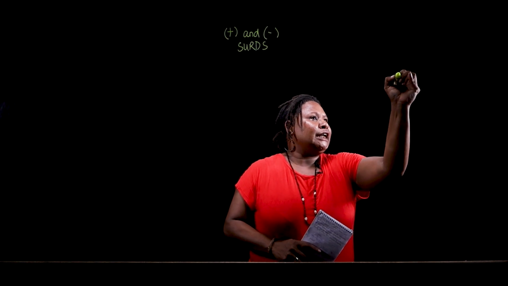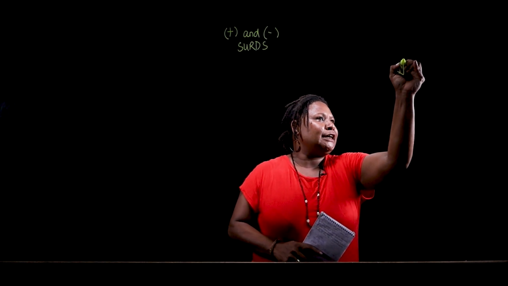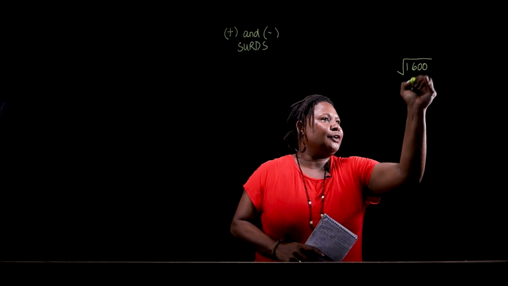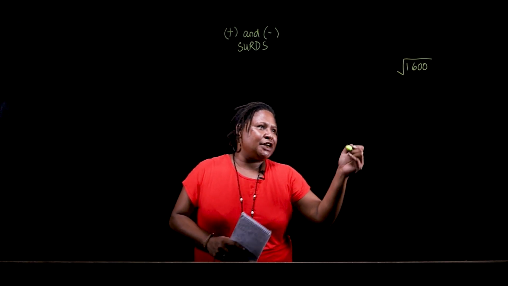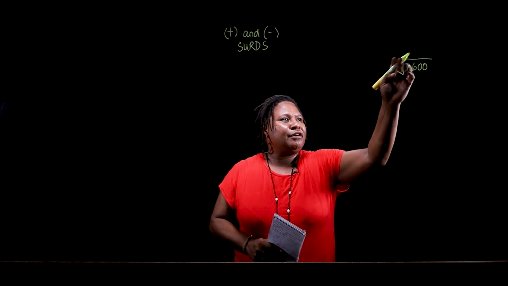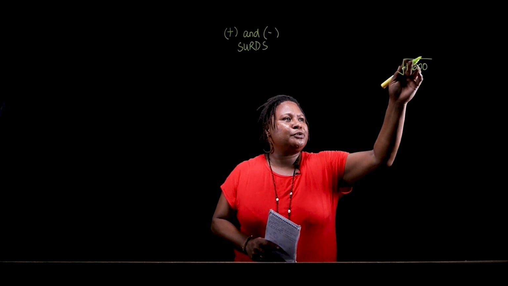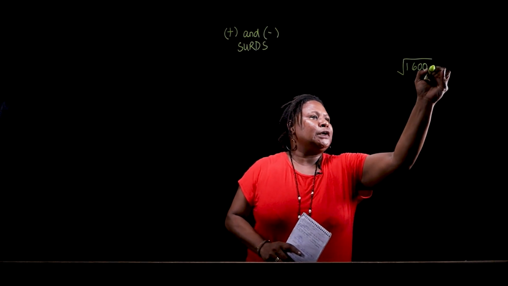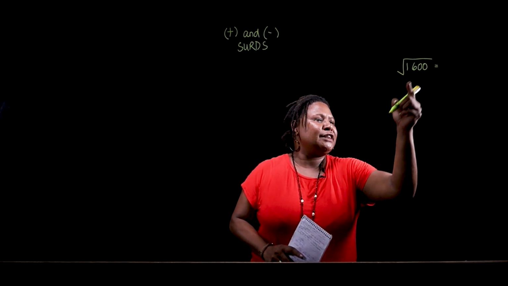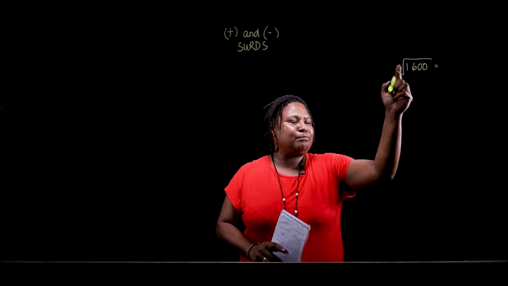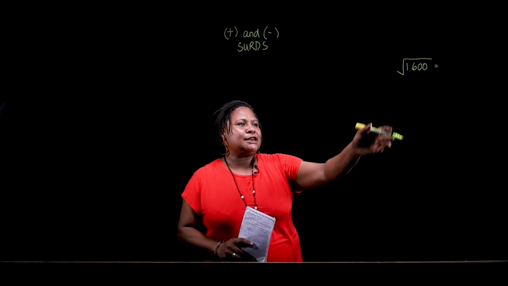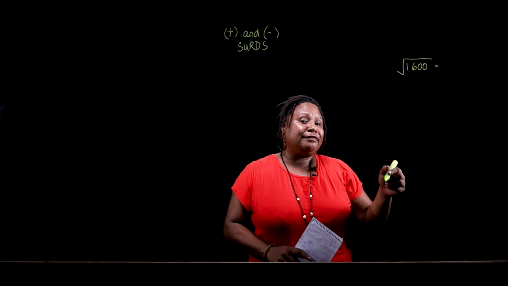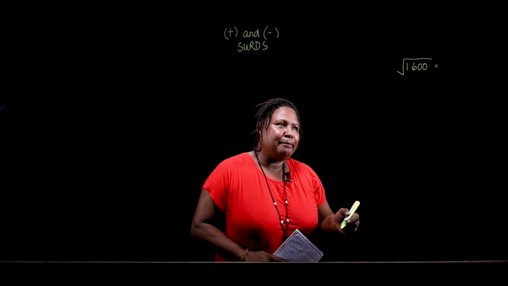Let's have a look at a number like 1,600. So this is a surd. We have a radical sign here, square root of 1,600. Now, in order to simplify this number, we need to break it into two factors of 1,600, making sure that one of the factors is a square number.